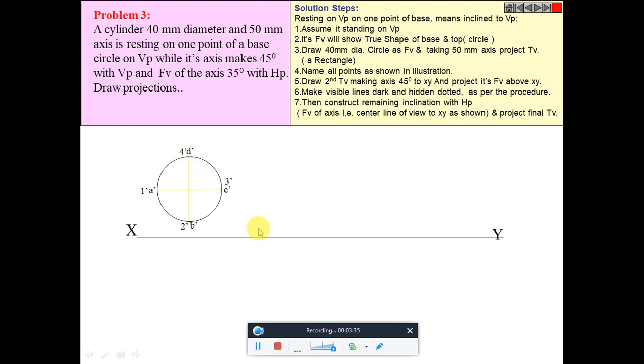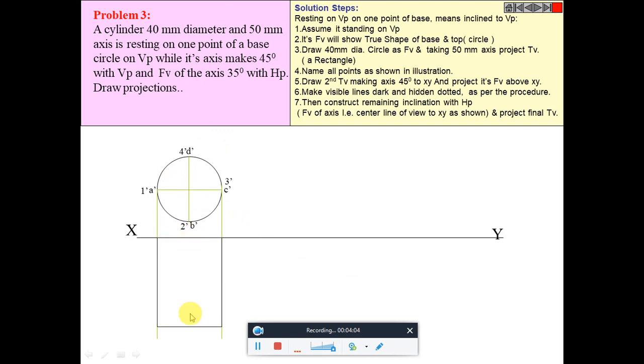The top face will be given the numbering 1, 2, 3, 4, and inside the bracket you can write a dash, b dash, c dash and d dash. Okay, because one base is visible, the other base is hidden, right? As we know that something is hidden, we are supposed to put it inside that bracket and project all the points below xy and draw the perpendicular line.